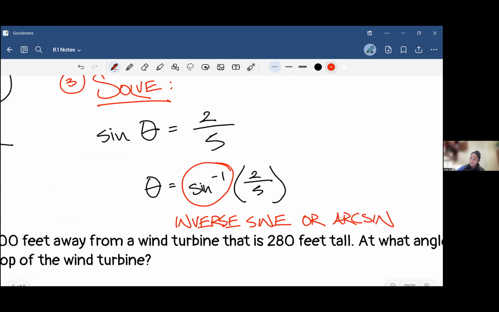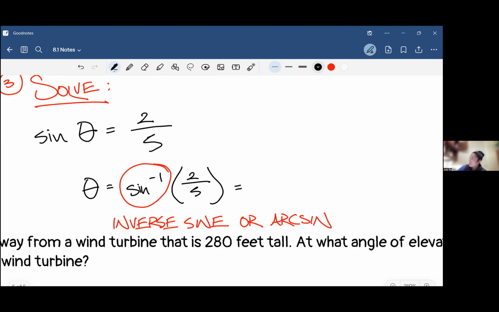So you're going to go on your calculator and see if you can find that sine with a minus 1 button. And when you get there, you're going to type that in, sine with a minus 1, and your 2 over 5. And out should come the following angle, 23.578 degrees.